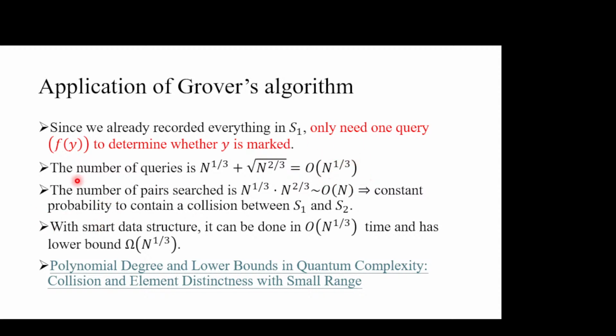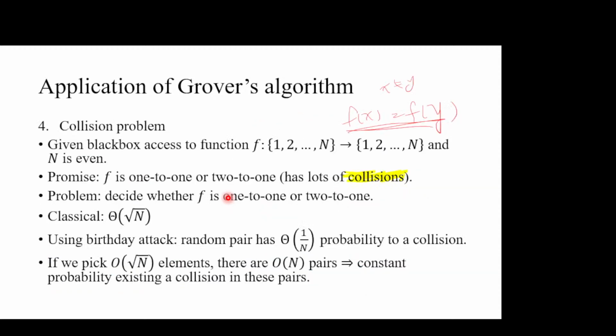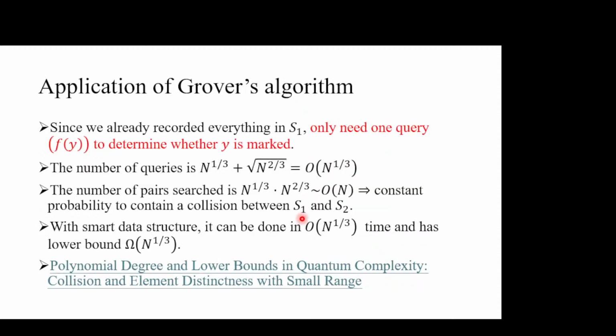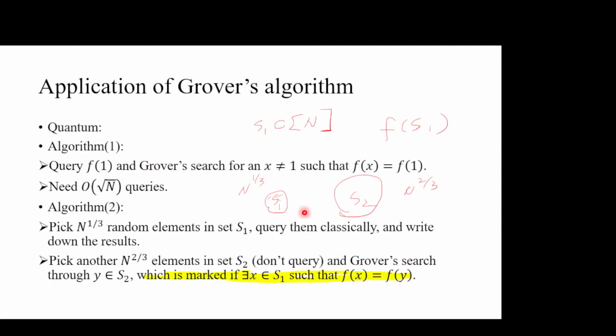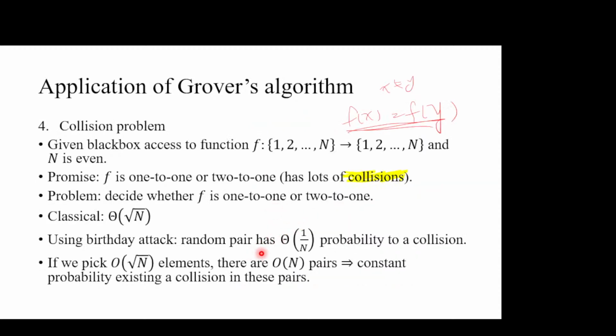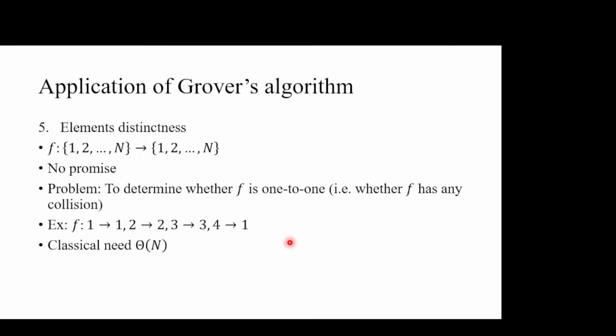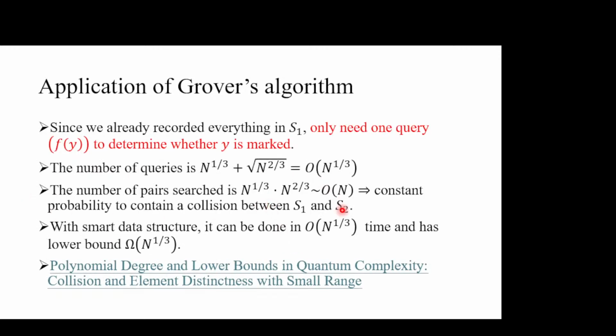Then we also count the number of pairs that we search through, just like in the birthday attack. The number of pairs of inputs we search through is n to the 1/3 times n to the 2/3, which is order n. Just like the argument of the birthday attack we had before, we have a constant probability to find a collision.